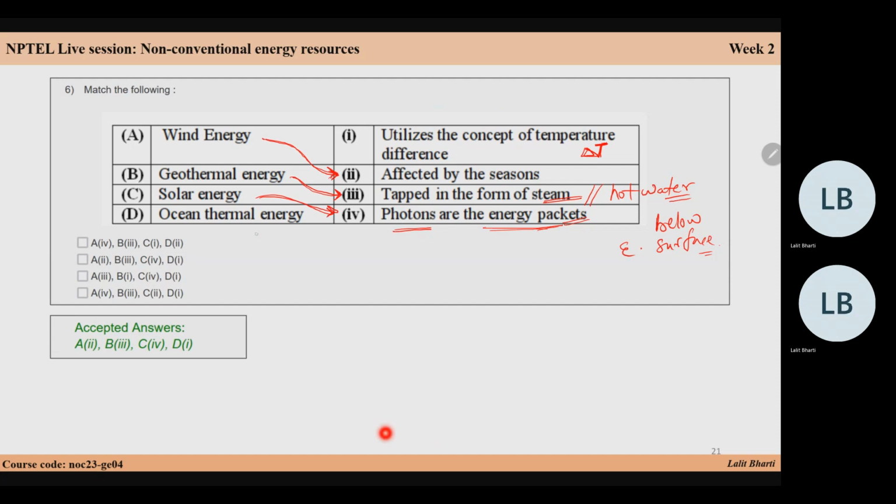And for the last, ocean energy, as we know, ocean thermal energy depends on the temperature difference, so it utilizes the concept of temperature difference. And we can say that option B is the correct one.